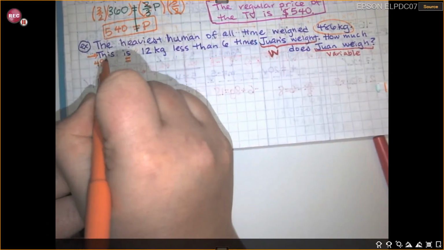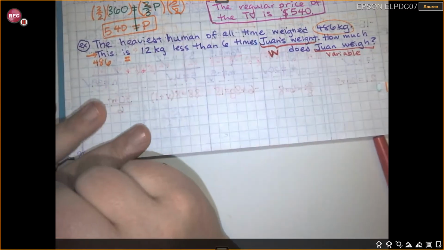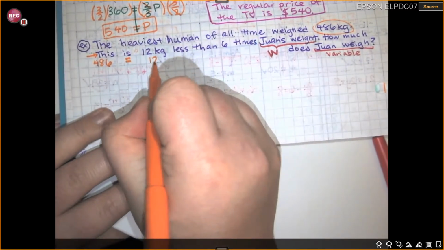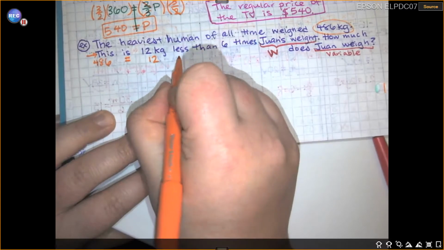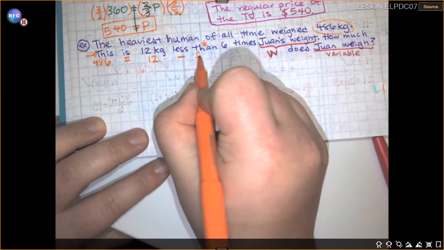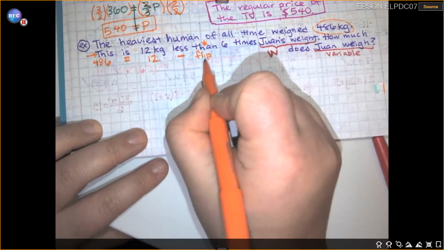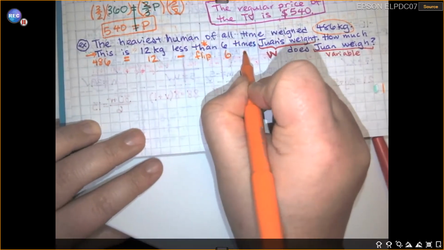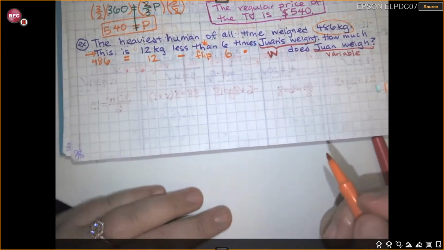So this must be 486. Okay, this is 12 kilograms, so 12 less, remember, is minus, than, I'm going to put a little star next to it, means flip, 6 times, obviously means times W.